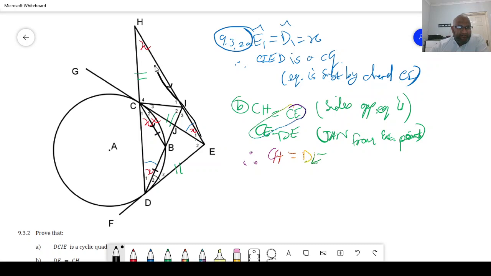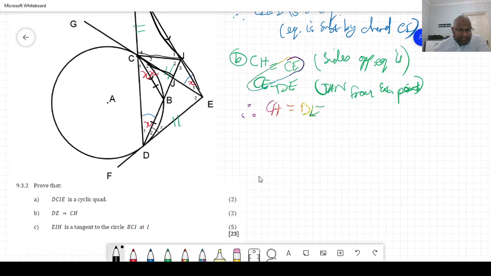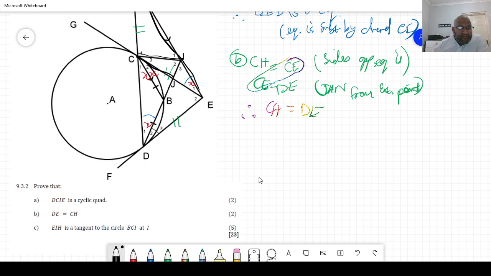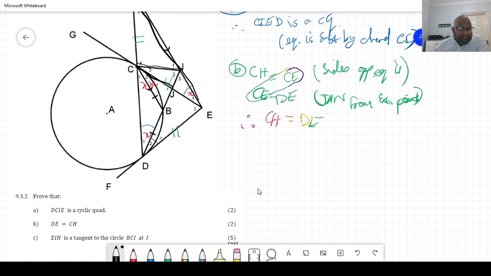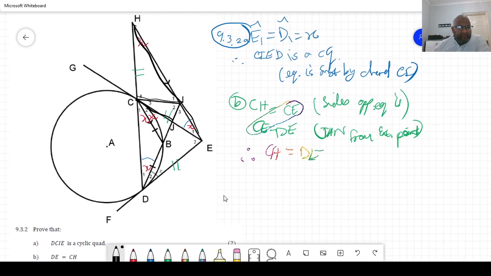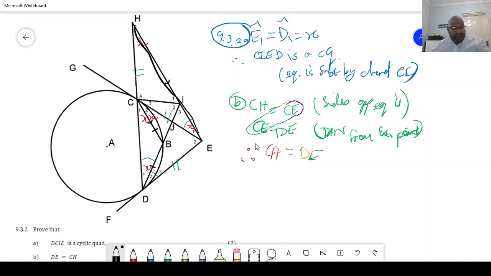EIH is a tangent to circle BCI at I. Okay, so it's BCI. So this circle here.